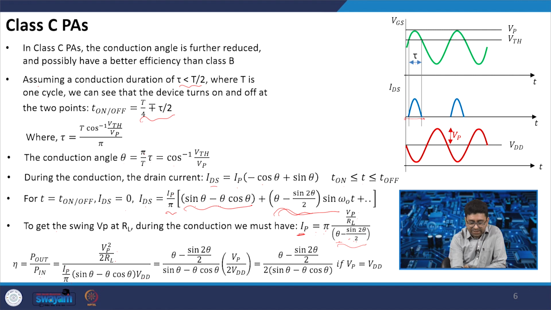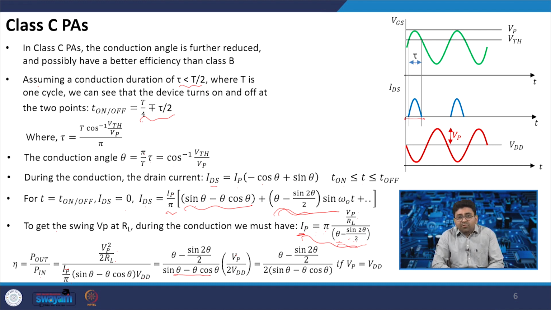Now we can write Vp by RL, and replace Ip with this Ip. When we replace it, this pi will be cancelled out, the theta minus sin 2 theta term will go up and this will be down, Vp will be cancelled out, RL will be cancelled out. So, Vp by 2 VDD.